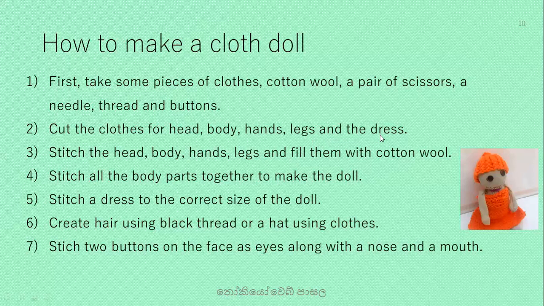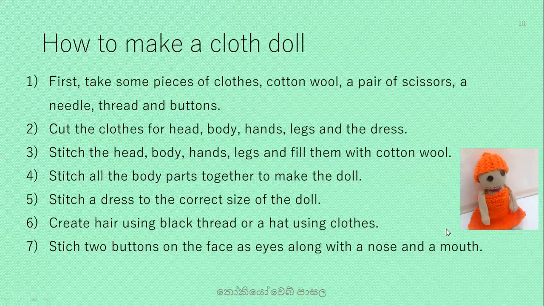So the doll should have all these parts, right? So head, body, hands, legs. We need to see what are the different things we need to have in what we are going to prepare, right? And then the third step, stitch the head, body, hands, legs, and fill them with cotton wool.